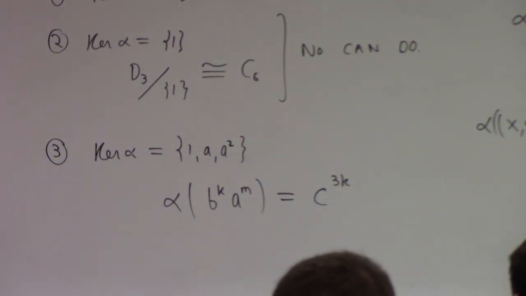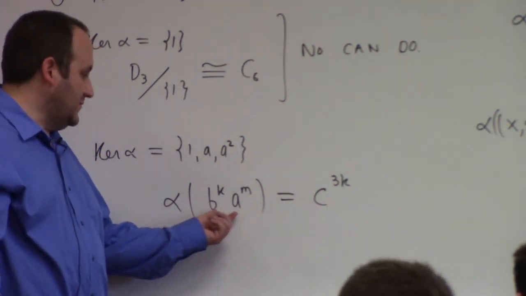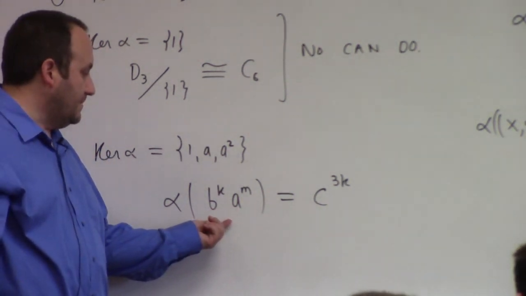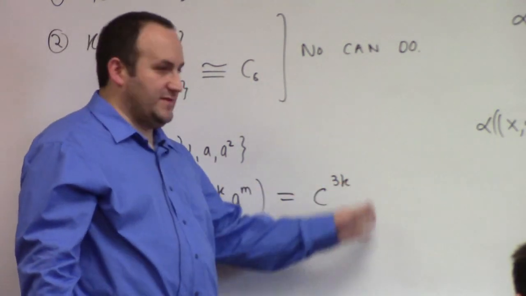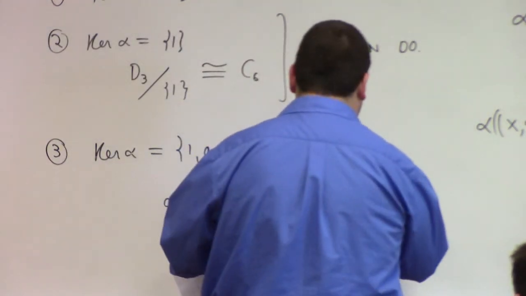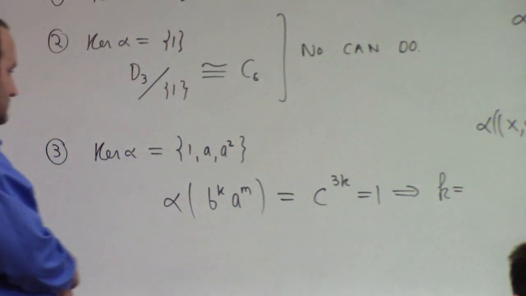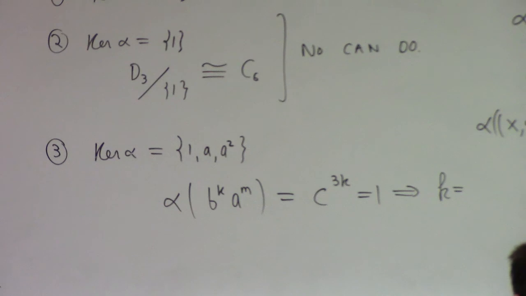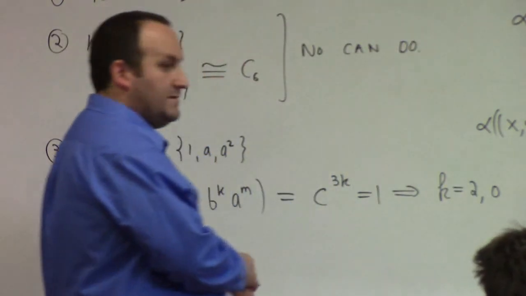Yes. You can check this formula. First of all, it's a homomorphism, but second of all, if you try plugging in, certainly, if I set this equal to 1, what does it say? If I set this equal to 1, what do we get? K equals to what? Two or 0? All right.